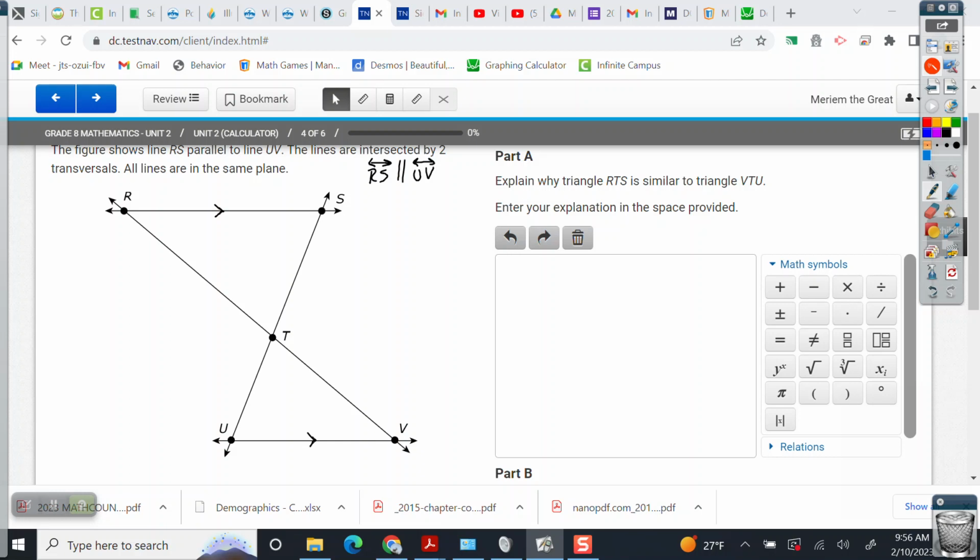Now, there are some rules that have to do with parallel lines and something that is called a transversal. A transversal is a line that intersects a pair of parallel lines. So in this problem, we don't have one transversal, we have two. And so line RV is a transversal.